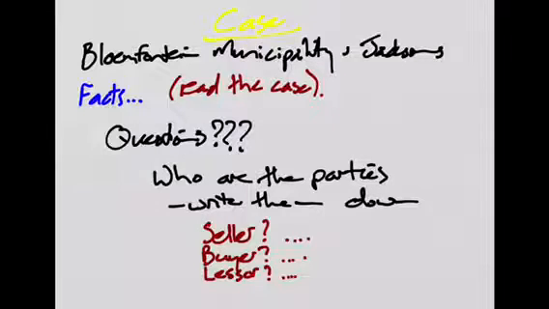Okay, so there are a number of questions which I want you to answer. First of these, who are the parties? Write them down. Who is the seller? Who is the buyer? And who is the lessor? I'm not going to tell you who they are.